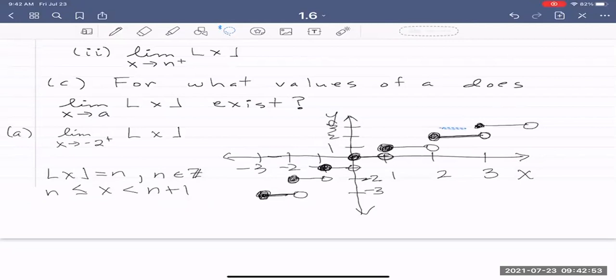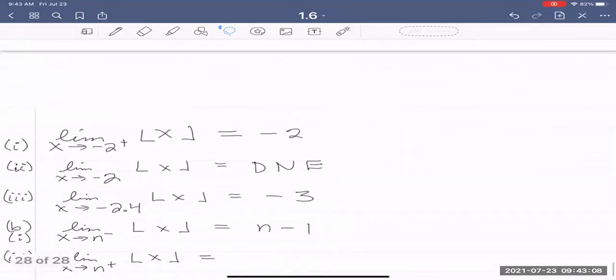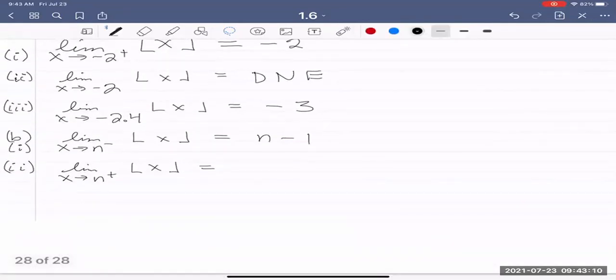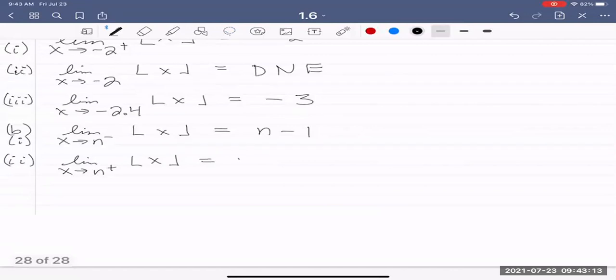If I approach 2 from the right, the y values are always 2. Approach 1, y values are 1. Approach 0, y values are 0. Approach negative 1, y values are always negative 1. So this is just equal to n.